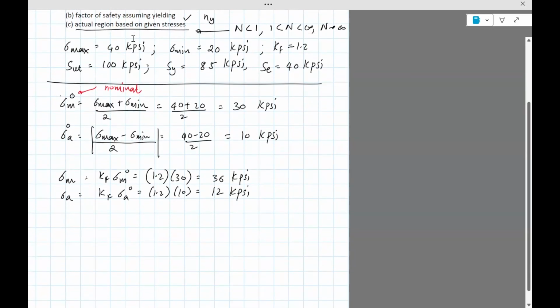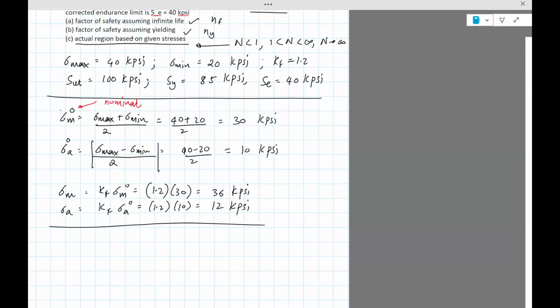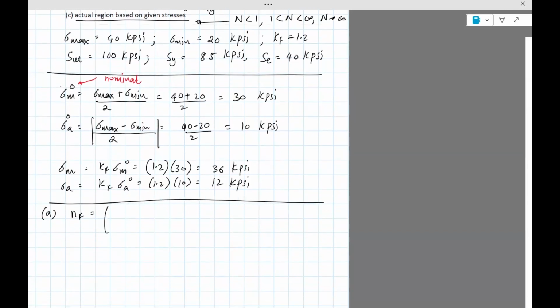Okay, so now ready to compute the factor of safety. So for A, you need to compute NF. We just go by the formula I wrote down earlier. It is sigma A divided by SE plus sigma M divided by SUT, raised to minus 1.